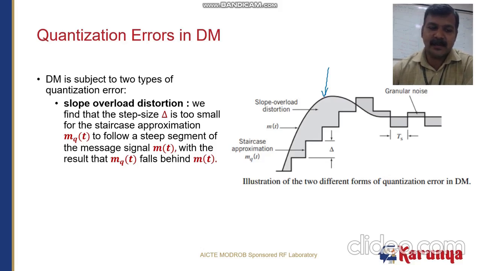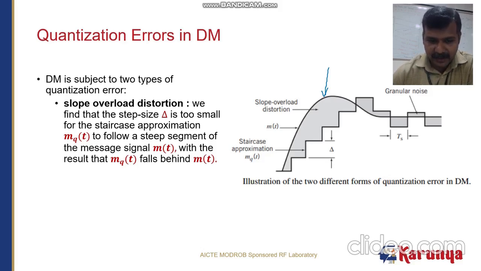The first case is what we call slope overload distortion. We find that the step size del is too small for the staircase approximation m_q(t) to follow a steep segment of the message signal m(t), with the result that m_q(t) falls behind m(t).